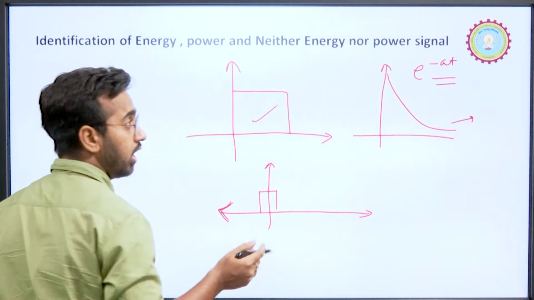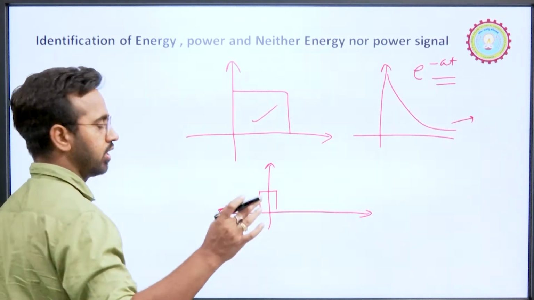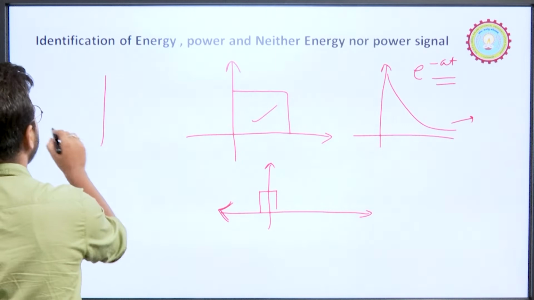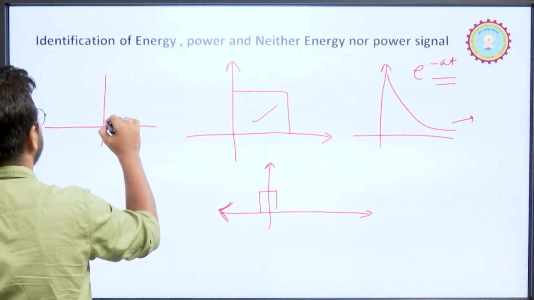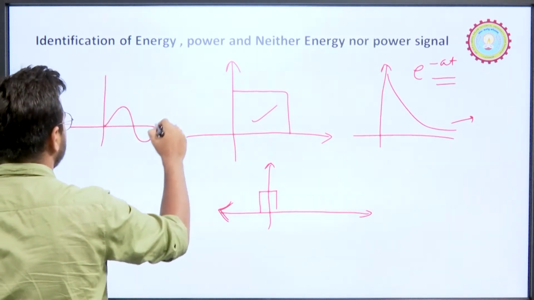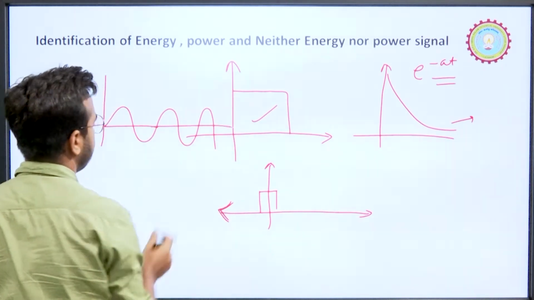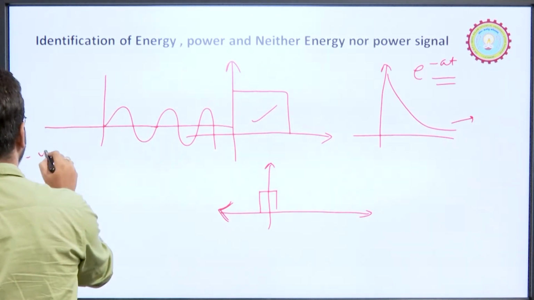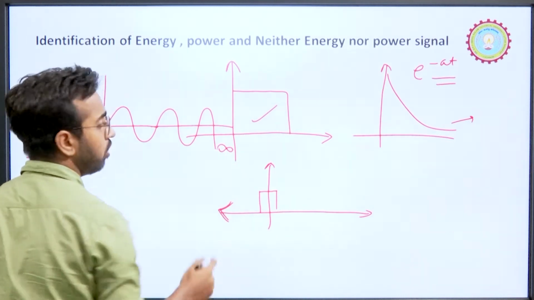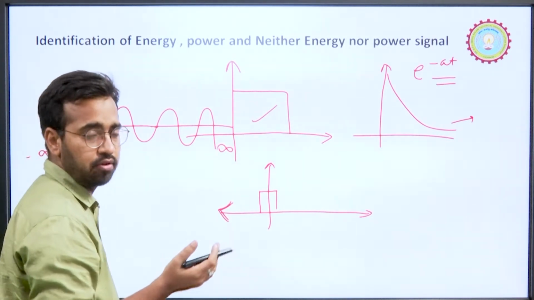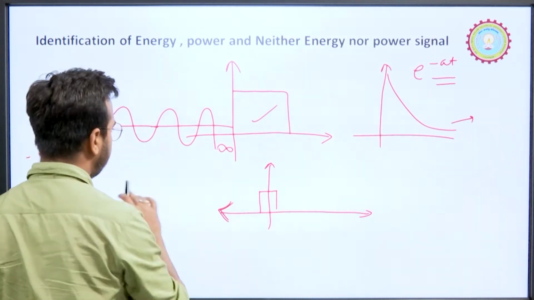Now the second category: if the signal exists for infinite duration. If you draw a sinusoidal signal, you can say the sinusoidal signal exists from minus infinity to plus infinity. That means the duration of the signal is infinite.